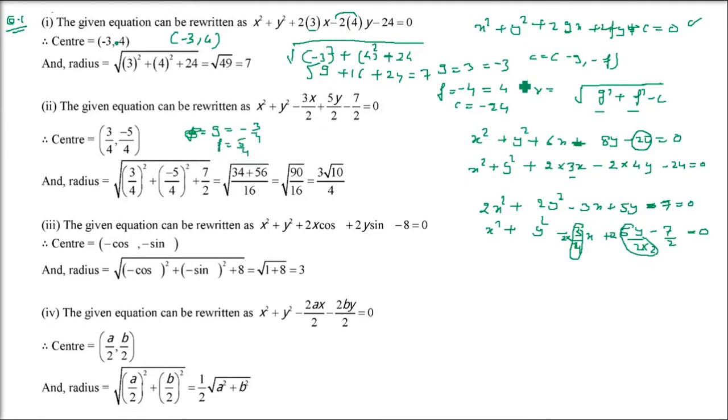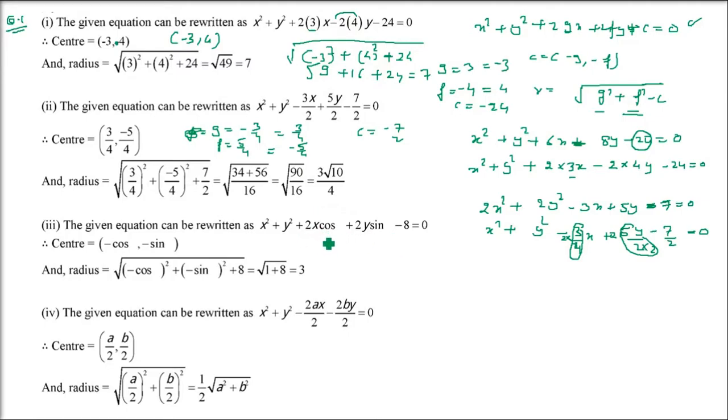So f has become 5 by 4. But we need minus g and minus f. So minus 3 by 4 becomes 3 by 4, and 5 by 4 becomes minus 5 by 4. So g and f we know, minus g and minus f also we know. C is minus 7 by 2, so same thing you have to do here: g square plus f square minus c, put it here.